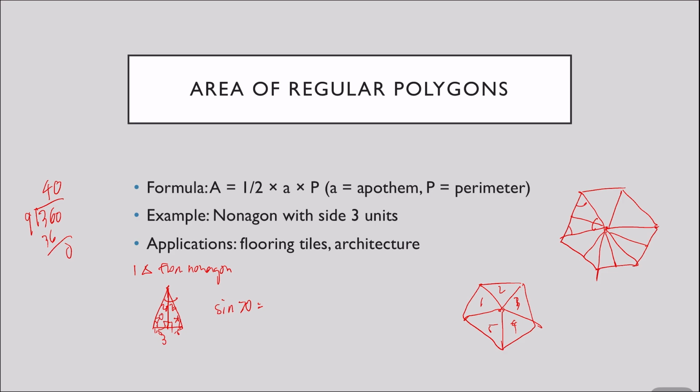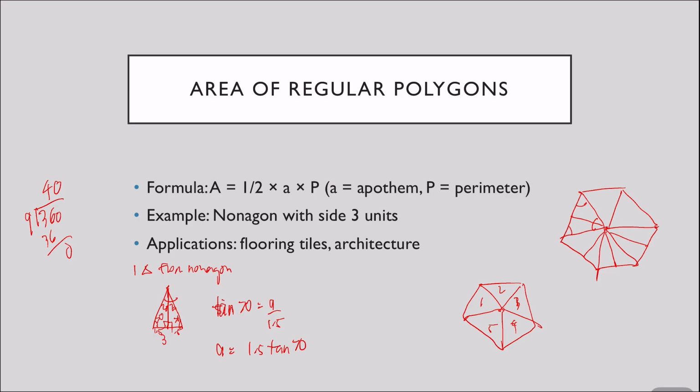Which is the apothem opposite over, tangent pala, kasi hindi pala ito yung kinuha natin, ito side pala. So we can do tangent 70 equals apothem over 1.5. So your apothem is 1.5 tangent 70. Okay?